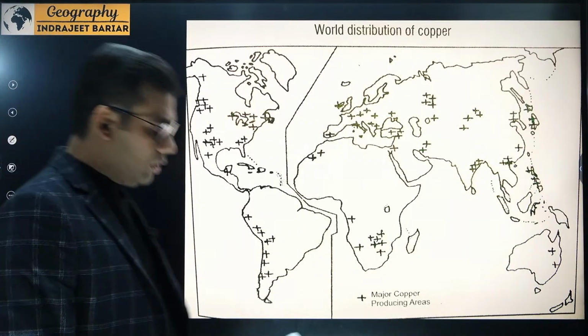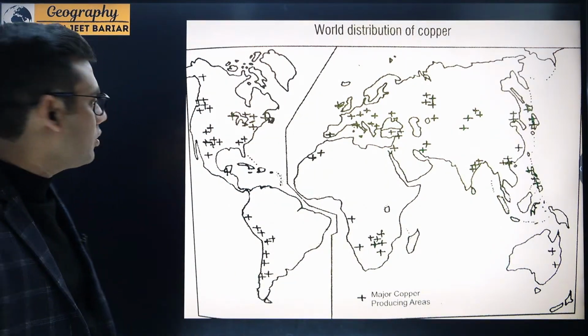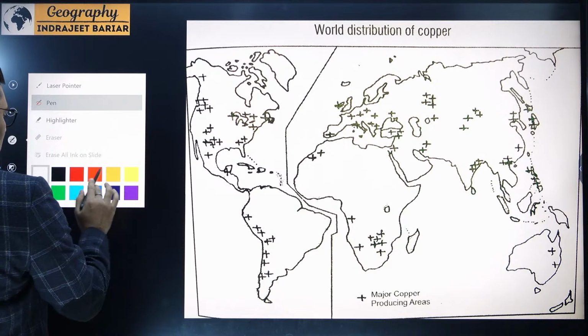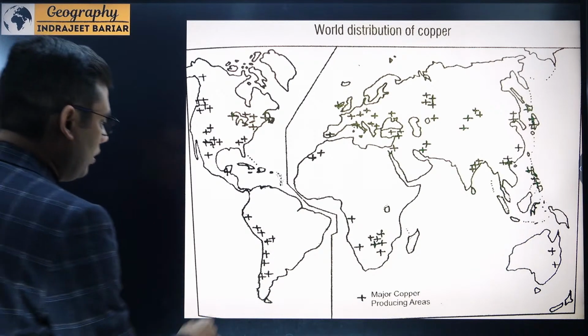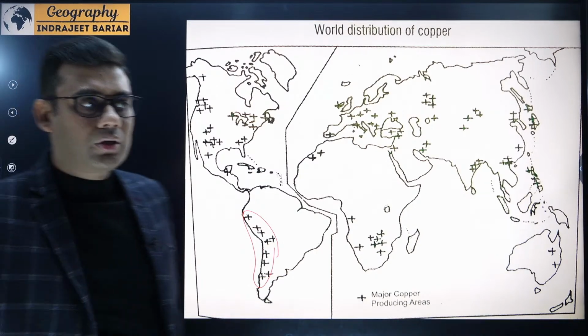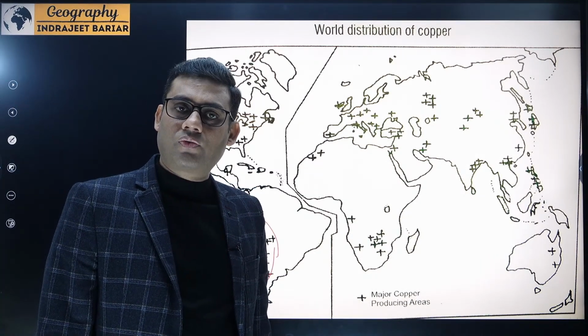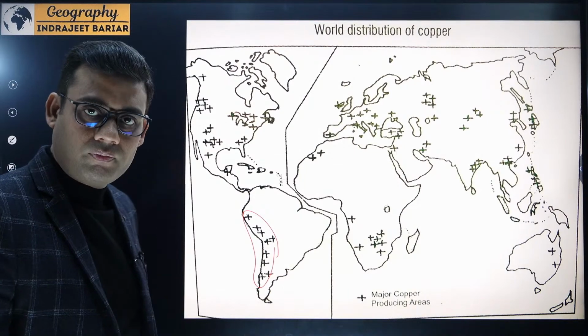Now, when we talk about the distribution of copper, which are the most important regions or areas? The first region that I find is this very important region of South America, where we find the largest reserves of copper, Chile.